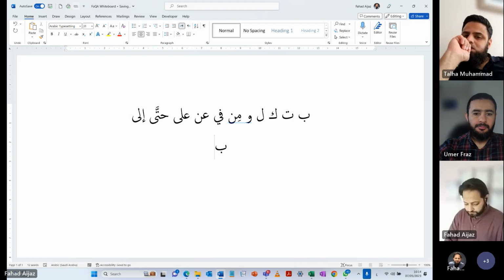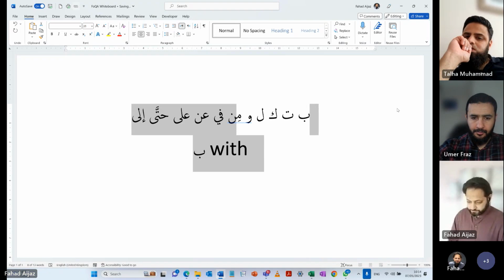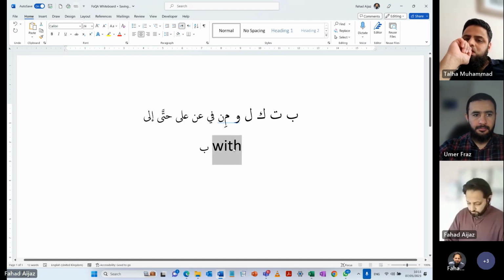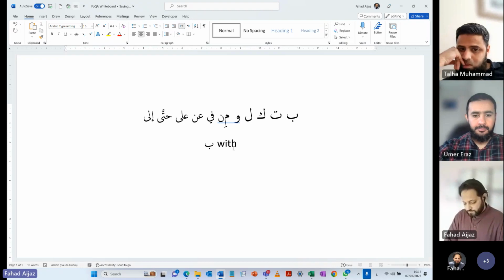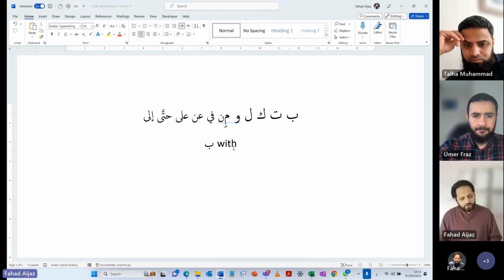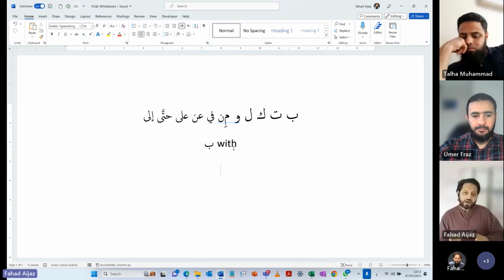So ba is with. Now with can be used with any ism where with is relevant, but many times when I say ba is with, it does not really mean that the literal translation that you will ultimately achieve for the ayah will also translate ba as with.